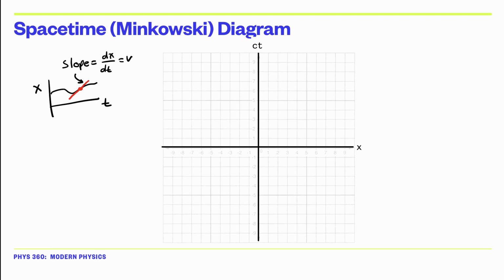A spacetime diagram differs from a position time diagram in two ways. First, we plot time on the vertical axis and space on the horizontal axis, so the axes are exchanged. Secondly, time is multiplied by the speed of light. The quantity ct has units of length and is equal to the distance light travels in a time t.